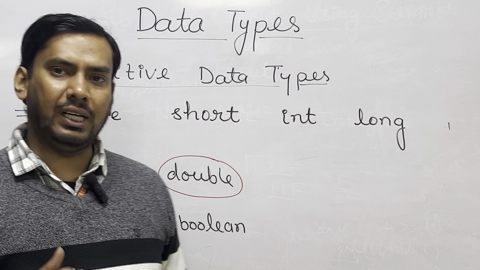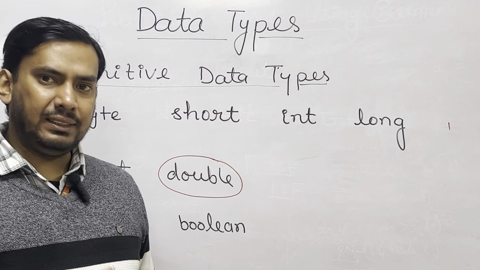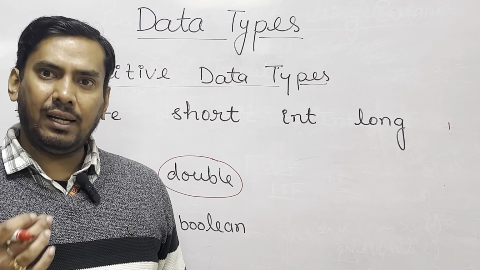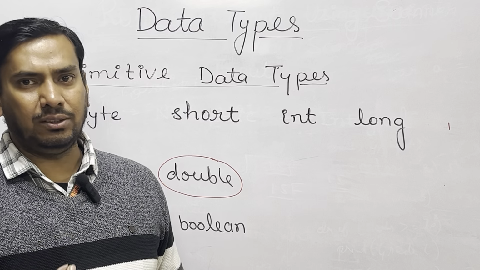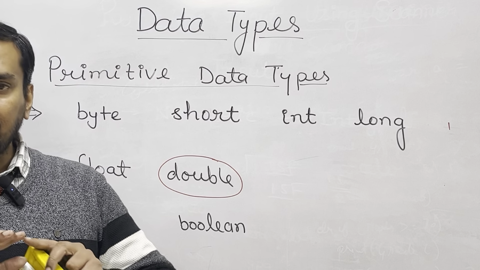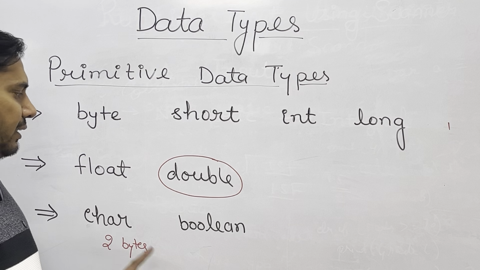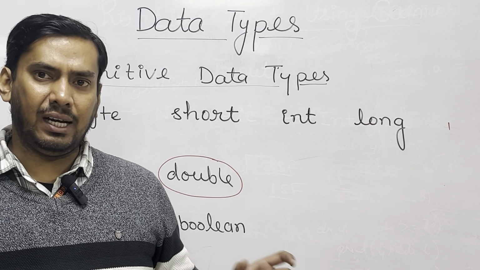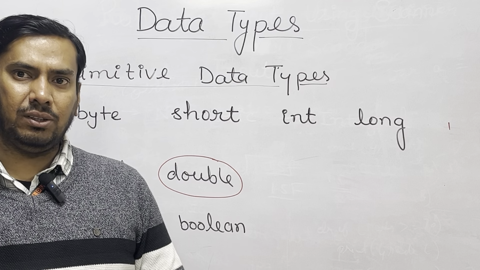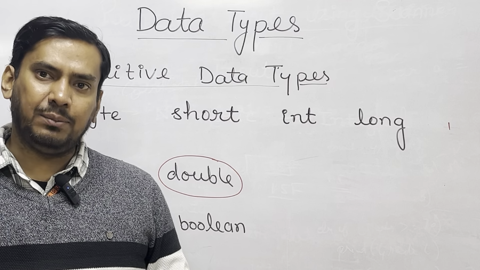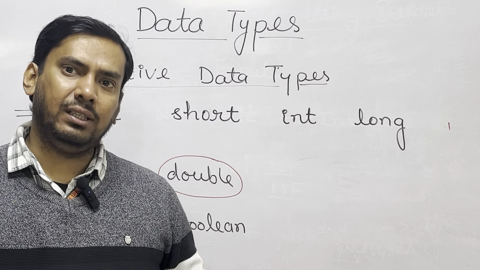Java is architecture neutral, and because of this, the allocation of memory is done by the JVM, not by the OS. That is why for every data type the memory allocation is constant, unlike C++ or other languages where the size of the char data type changes depending on the OS.